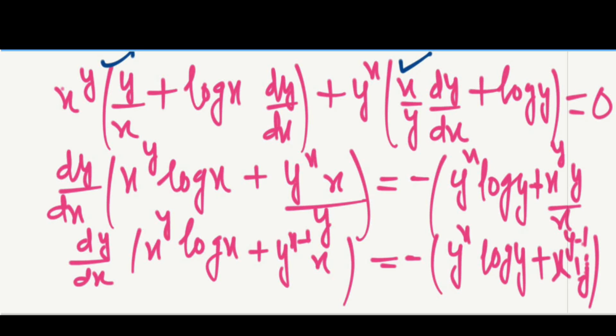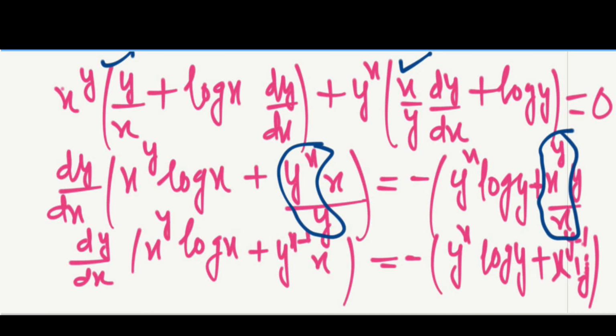Now write it as x raised to power y log x plus y raised to power x, and since y is in the denominator, it becomes y raised to power x minus 1 into x. Again on the right side, x raised to power y upon x becomes x raised to power y minus 1.